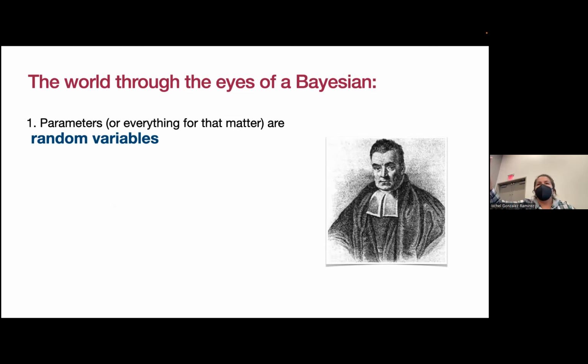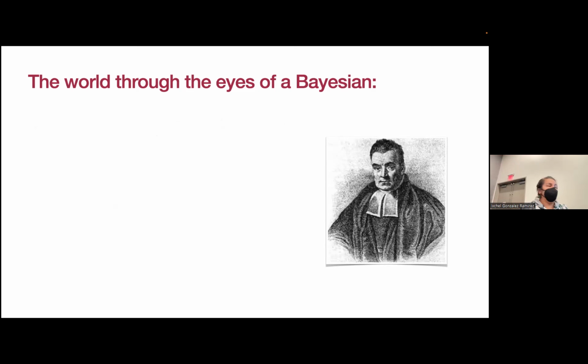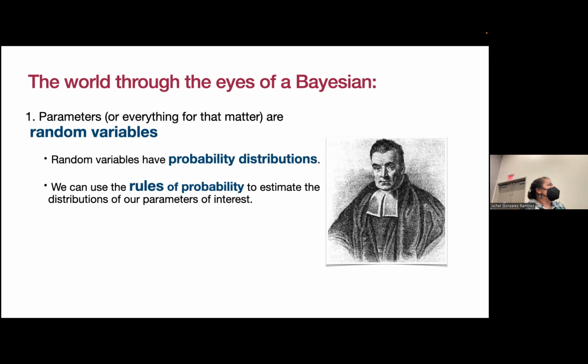A substitution rate is a parameter, right? And all those parameters are random variables. Why is it important that they are random variables? Because they have a probability distribution. If a variable has a probability distribution, then I can use the rules of probability to estimate those random variables. So this is sort of like a theoretical assumption. I'm assuming that I can estimate all those parameters that I am interested in. Does that make sense? Okay.